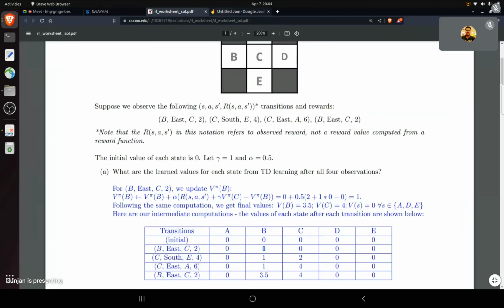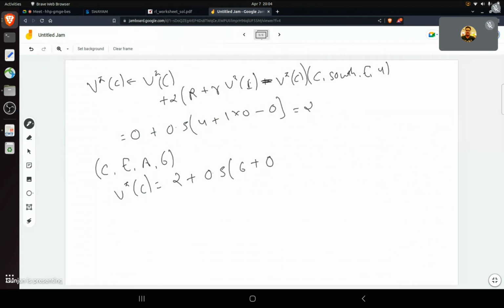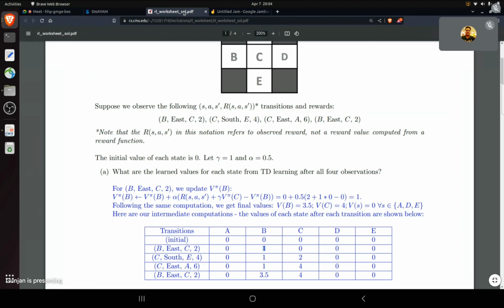V pi of A is 0, so it will be 0, minus V pi of C, that was 2. So this will be 2 plus 0.5 times 4. So 0.5 times 4 is 2, then 4. So V pi of C is now 4 after seeing this sample.